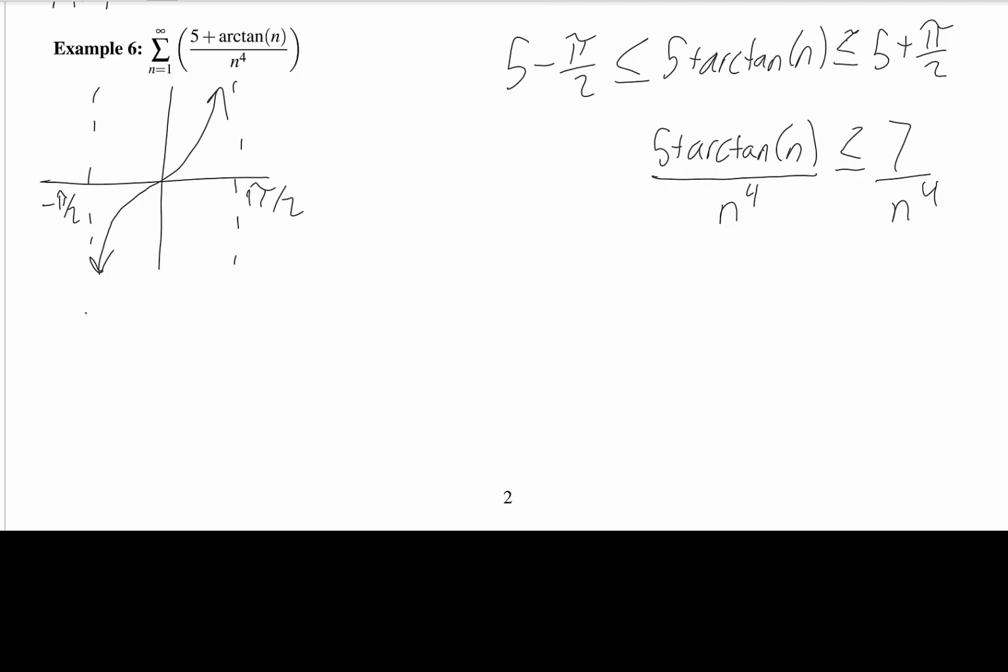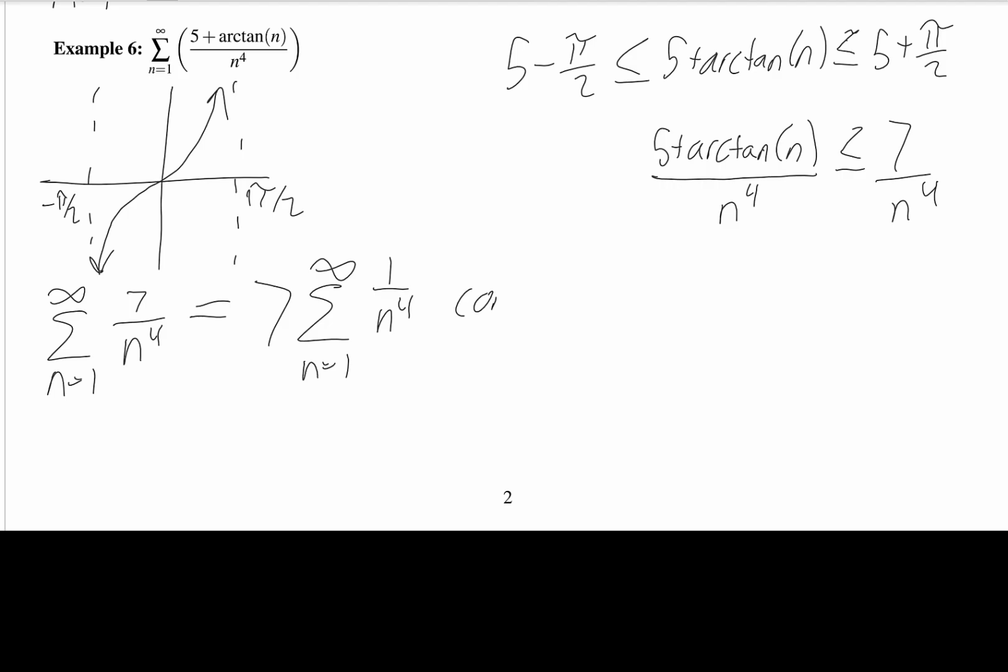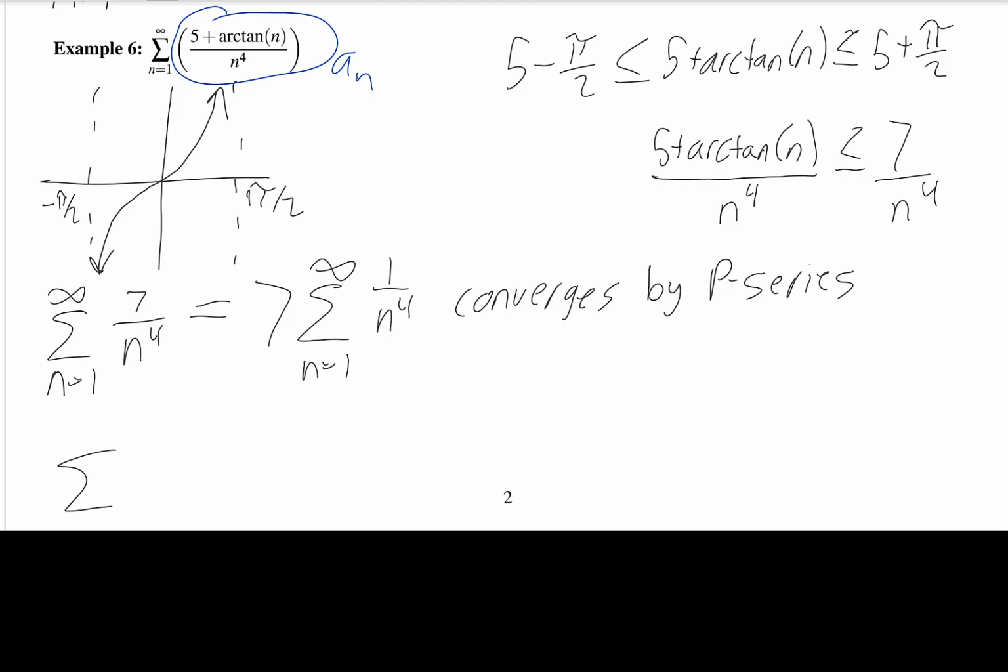We can say that the sum from n equals 1 to infinity of 7 over n to the 4th, we can pull out the 7, and then we can say that this series converges by our p-series test. Since I have something that's bigger and it converges, that's going to tell me that our original series must also converge.